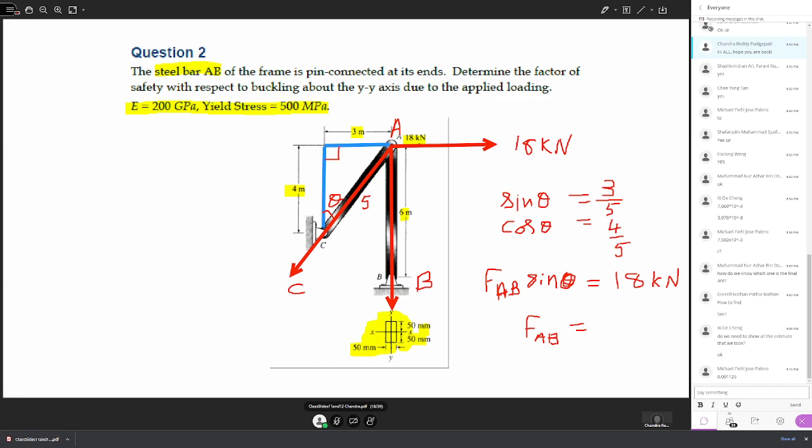Just hold on a minute. This will not be FAB. So we are taking the horizontal component of FC. So FC into sine theta is like this.